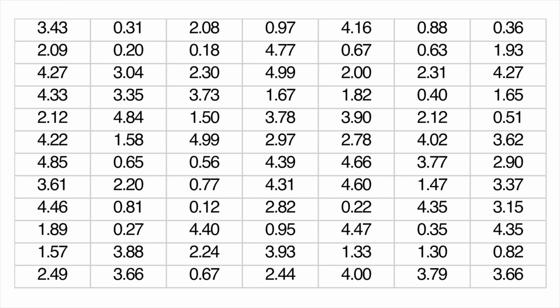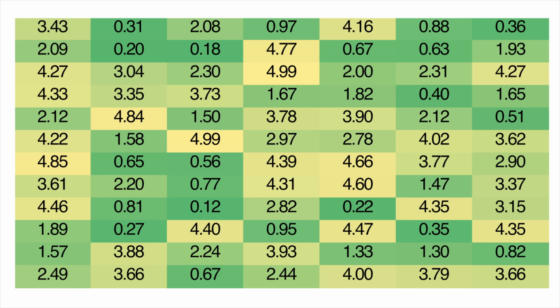But if we represent those numbers using a pre-attentive feature like colour, then suddenly it becomes much, much easier to spot the highs and the lows. And then we don't really need the numbers any longer because they're not telling us anything more. And then we can pack a lot more information into the same amount of space. And so that's what I mean by data viz making efficient use of our visual system and really efficient use of space on the page.